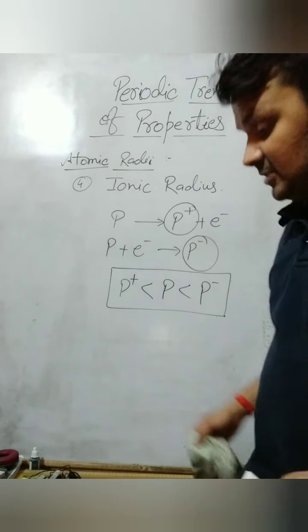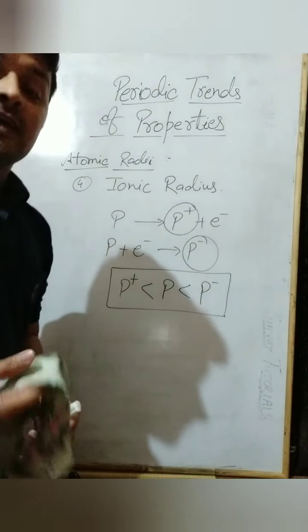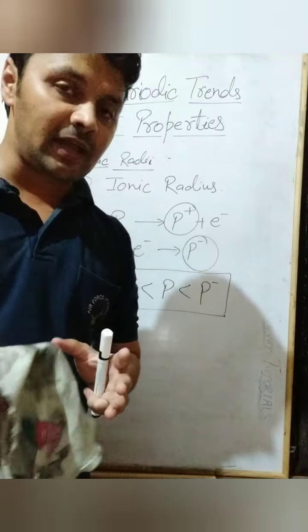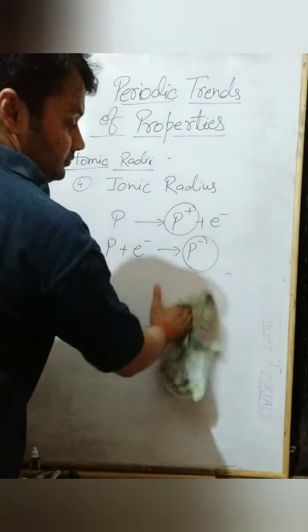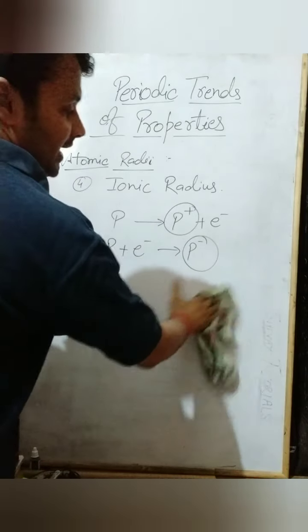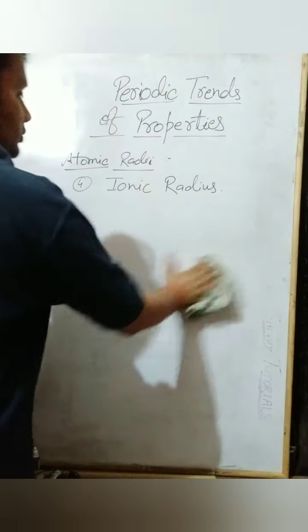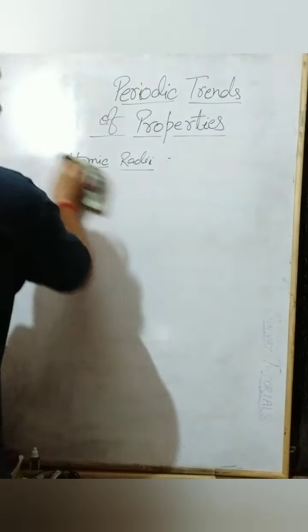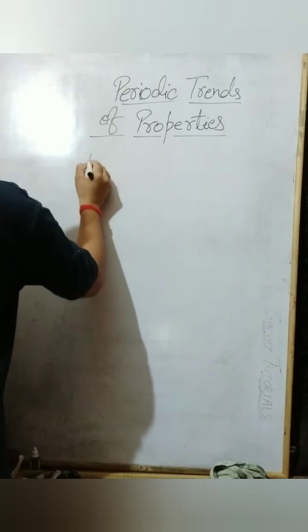Now the next very important topic related to the ionic radius is isoelectronic ions. What is an isoelectronic ion? The relation which we are going to study now is not related to atomic radius.